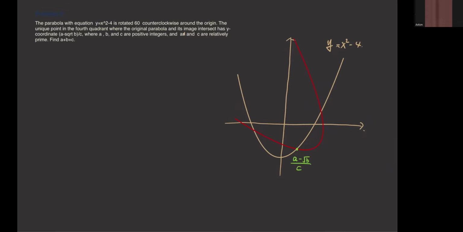I will write down what I have: a, b and c are positive integers, and a and c are relatively prime.